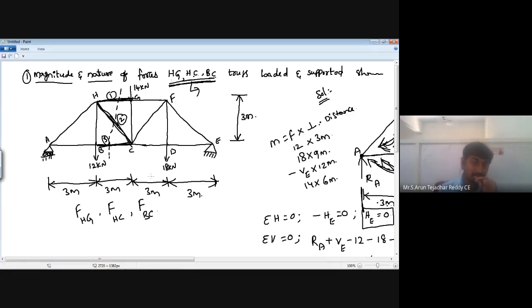And previously we discussed that after cutting the section, try to draw the free body diagram of that truss. It means from H to G, give this direction and this direction, this direction, this direction. So now I'll draw the free body diagram of this cutting section. Then you can easily understand here.